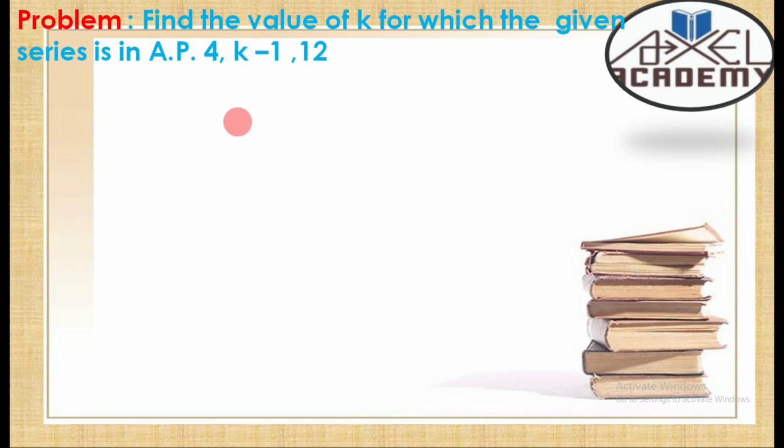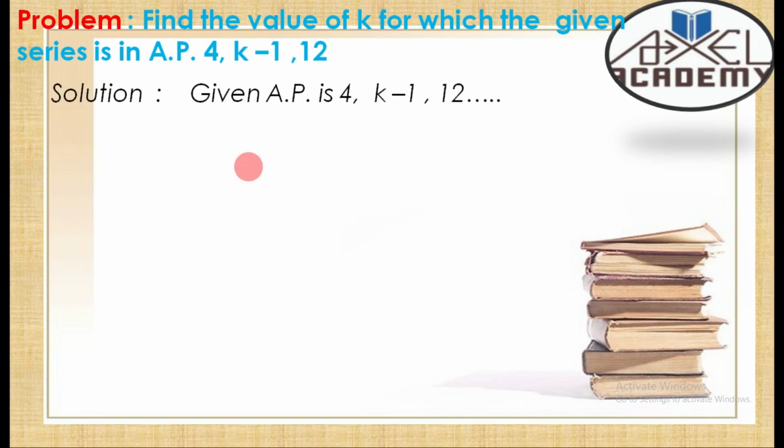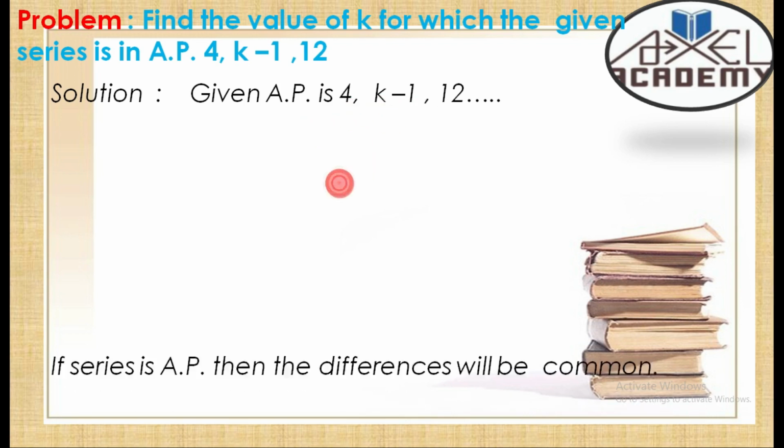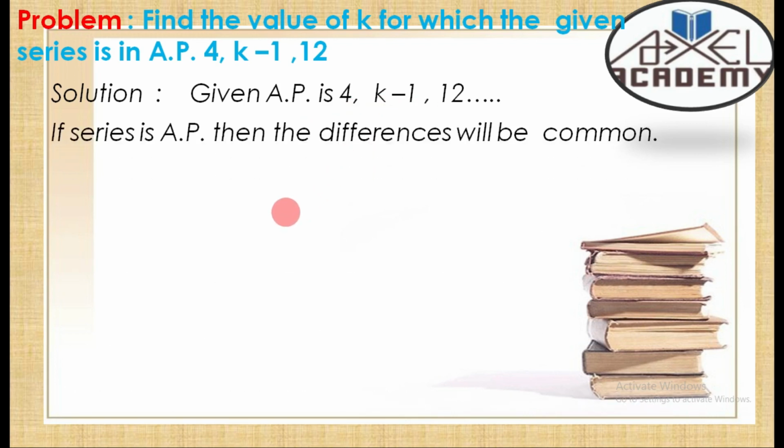So we have to find the value of k. If this series is in AP, then we know that the difference between successive terms will always be the same, and that is the common difference.